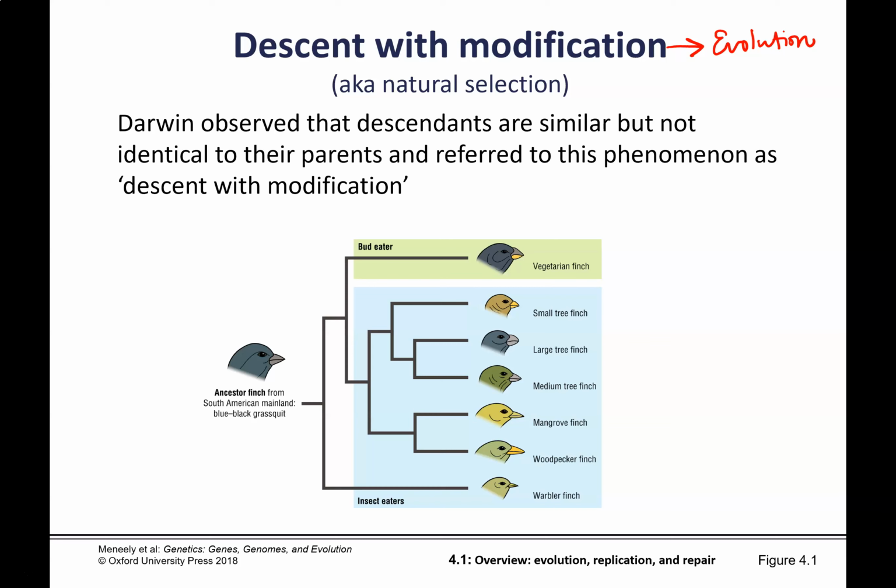But when we're looking at this from a genetic perspective, we are looking at descent as continuity of genetic information. Okay? And then over time, that genetic information is modified through errors and selection.